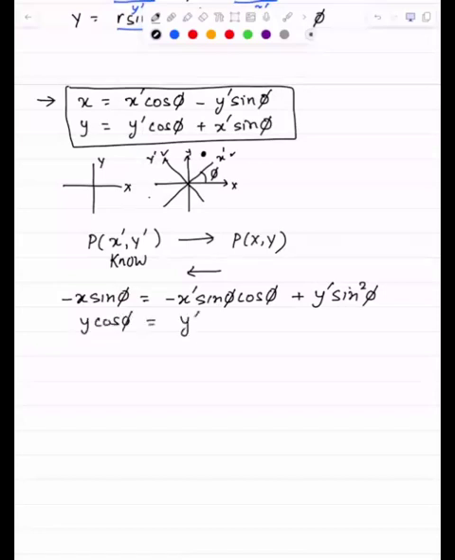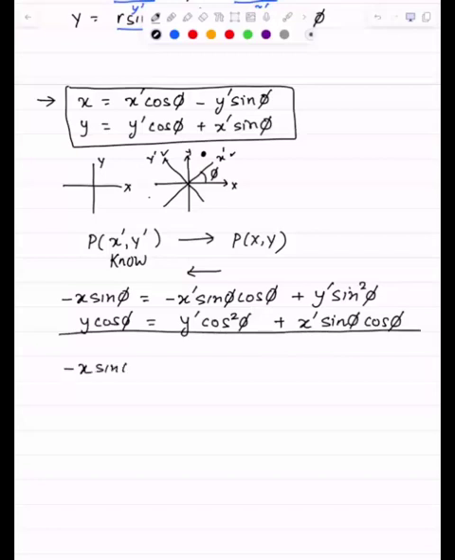So this becomes y prime cosine squared phi plus x prime sine phi cosine phi. I add the two equations, and I get negative x sine phi plus y cosine phi equals, these two cancel out, and I can factor out y prime. Inside is sine squared phi plus cosine squared phi, which is 1.